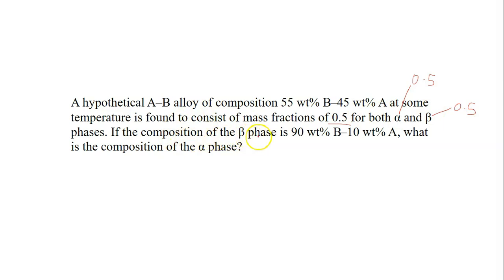If the composition of the beta phase is 90 weight percent of B, what is the composition of the alpha phase? So they are asking what is the composition of this alpha phase, how many weight percent of B and how many weight percent of A.